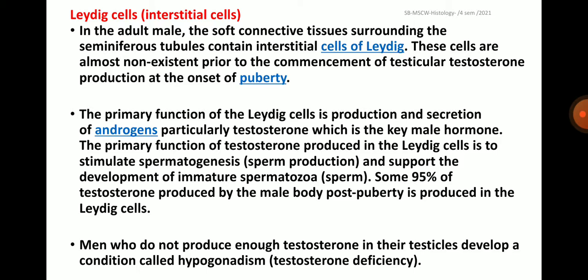The Leydig cells are endocrine in function and produce the male sex hormone testosterone and, to some extent, estrogen.